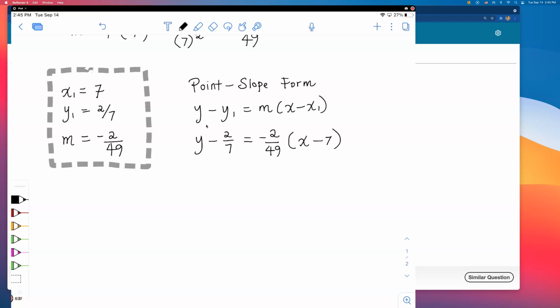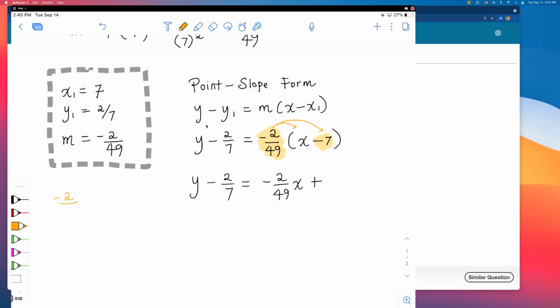So I would say this is a perfect answer, but they want this in slope-intercept form. So all we need to do is distribute first. Y minus 2 over 7 equals negative 2 over 49x plus, all right, hold on a second. I don't have my calculator with me. I don't need it, but I'm going to go ahead and multiply those two on the side, okay?